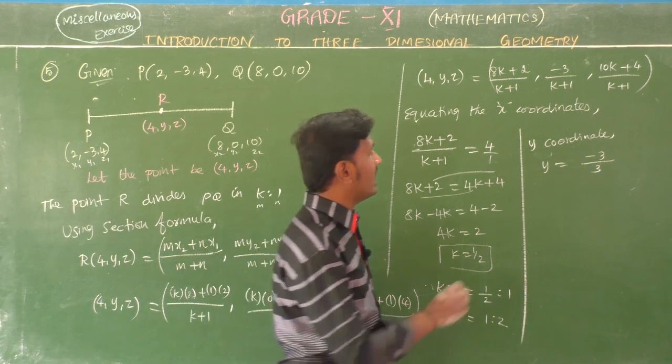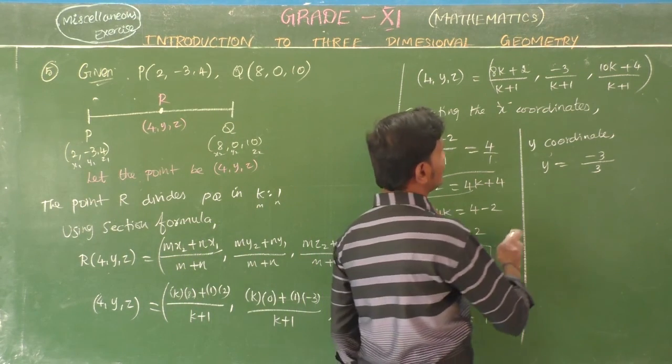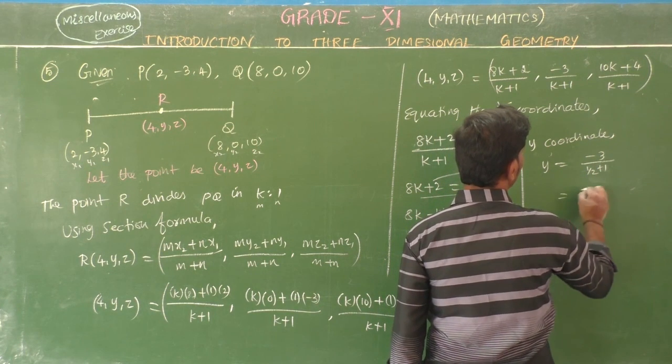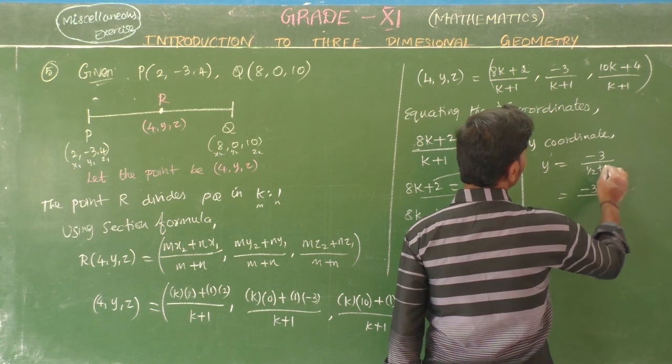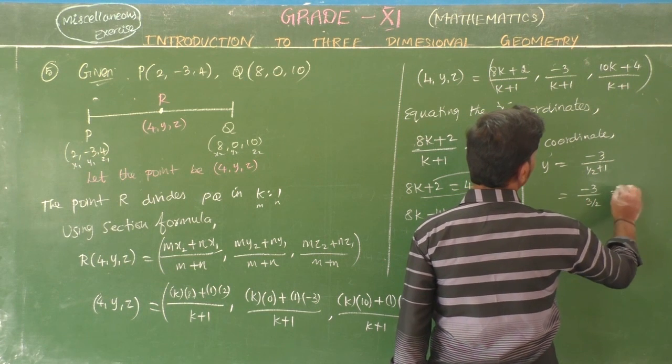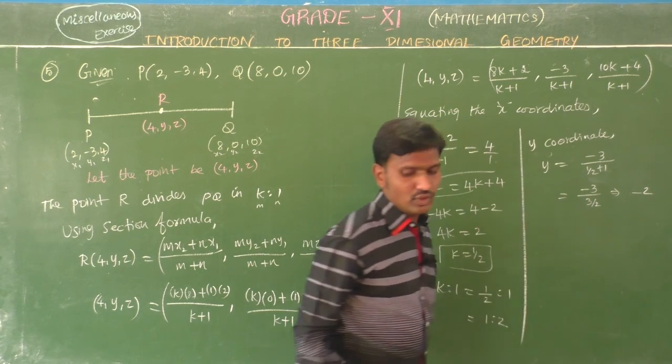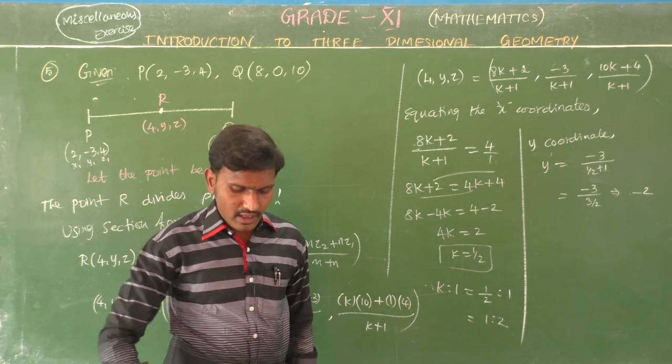So minus 3 by (3 by 2). Taking cross multiplication, the 3s cancel, so minus 2. So the y coordinate is minus 2.